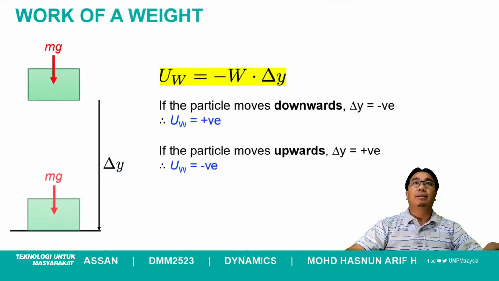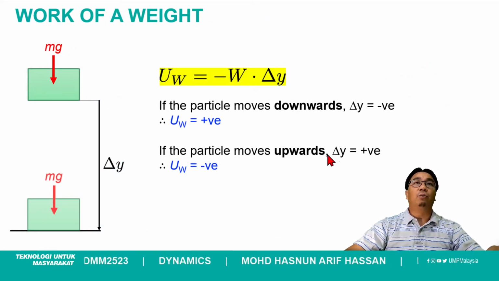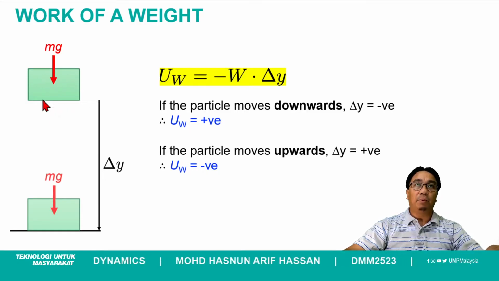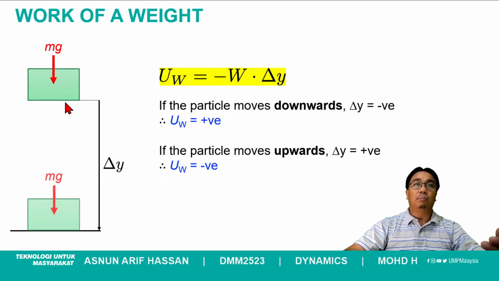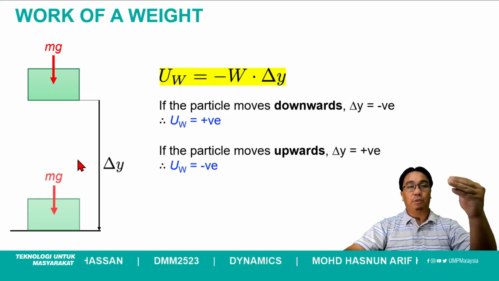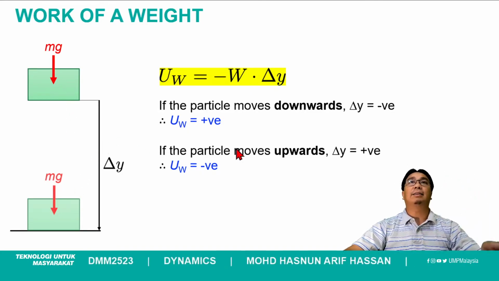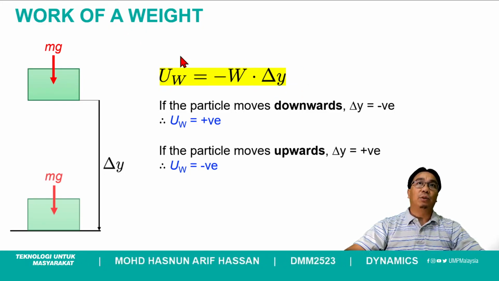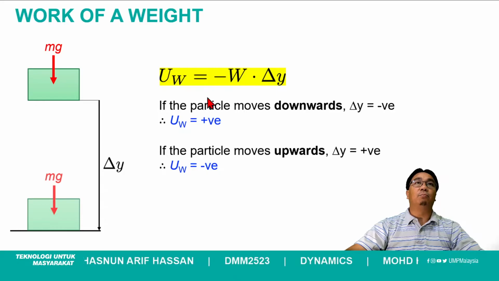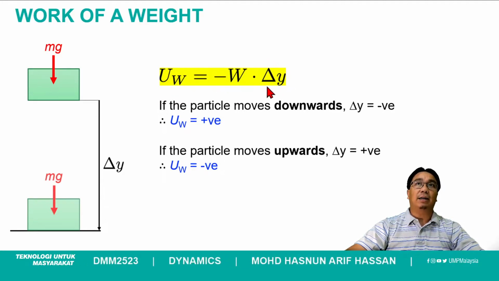And then there is work of a weight. Okay, when the particle or object experiences a change in height, either going down or going up, then there is work done by the weight, which can be calculated using this formula. UW is minus W times delta y.